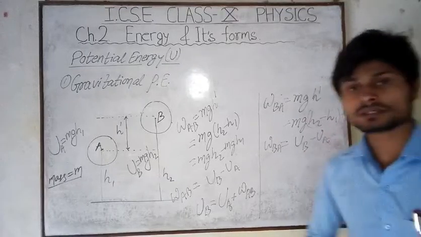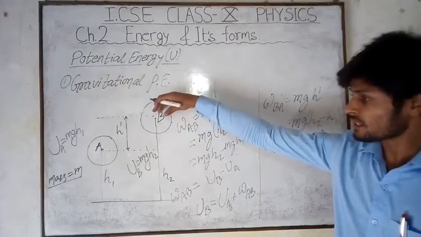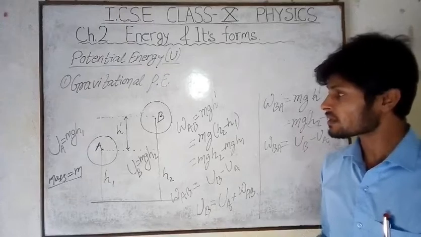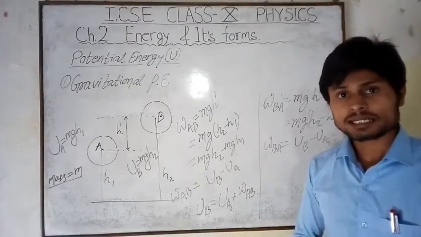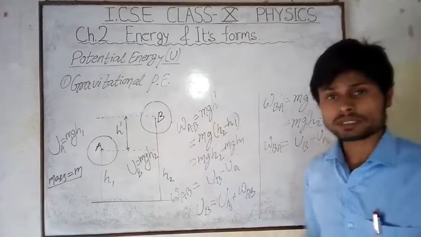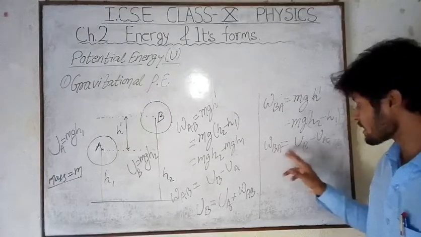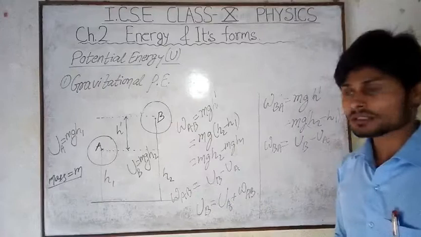So when the object falls down from a point, whatever work is done by the object is equal to the difference in their potential energy at those two respective points. Here the work done by the object WBA is equal to UB minus UA. So when the object itself does some work, what happens?